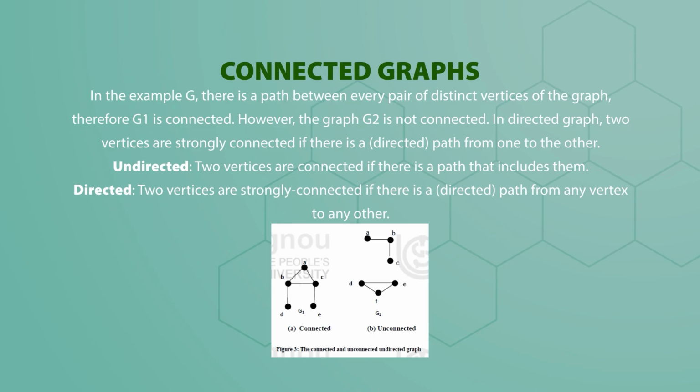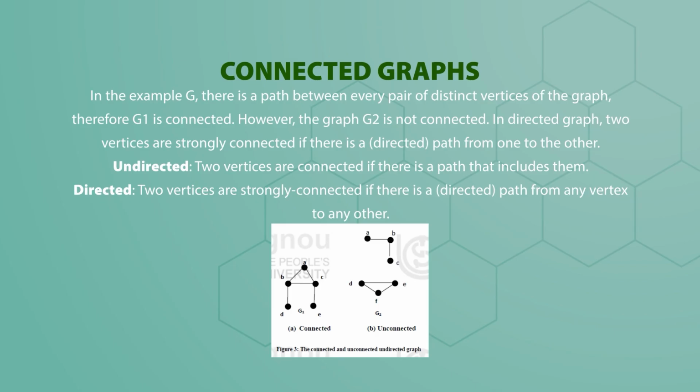But if it is given with another graph and there is no relation between them, but you are saying that this is one graph, then you can say that C and D are not connected by any edge. So this is referred to as an unconnected graph. A connected graph is one where you can reach every vertex from any other vertex. The example of a connected graph is G1 and an unconnected graph is G2.